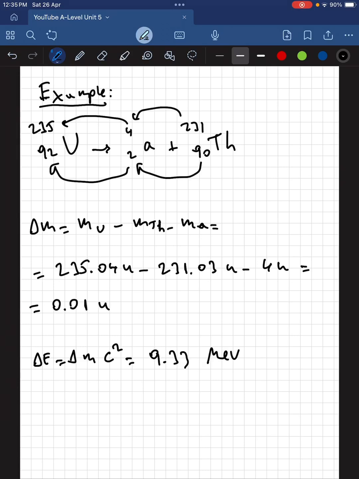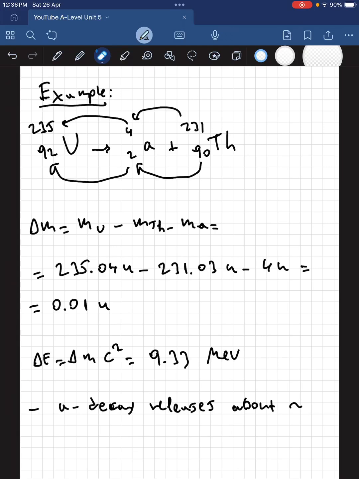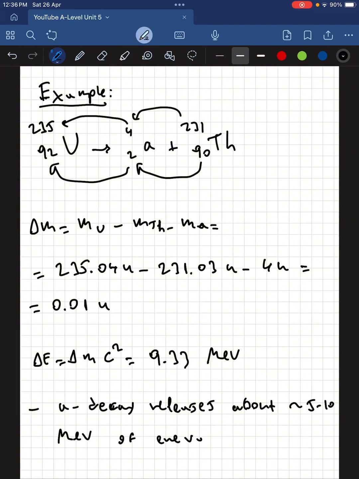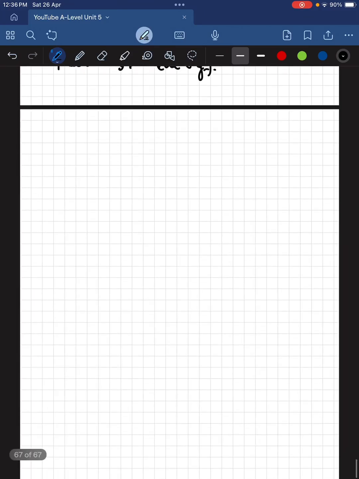Okay, now some facts or trivia about alpha decay. Alpha decay releases about, actually let me write, 5 to 10 MeV of energy for almost all alpha decays that can occur.